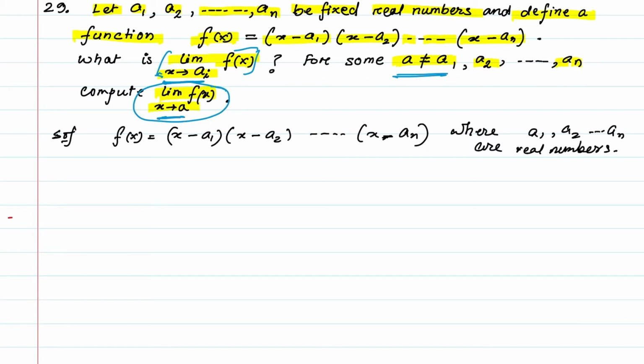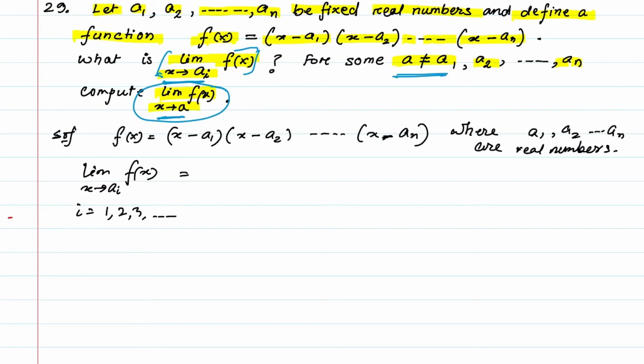These are all real numbers, okay. So now you see, in this case, for limit f of x as x tends to ai, ai means here i is equal to 1, 2, 3, dot dot dot and so on.